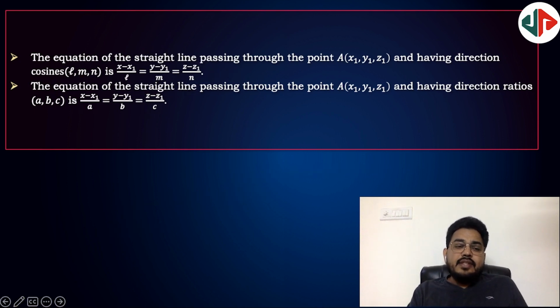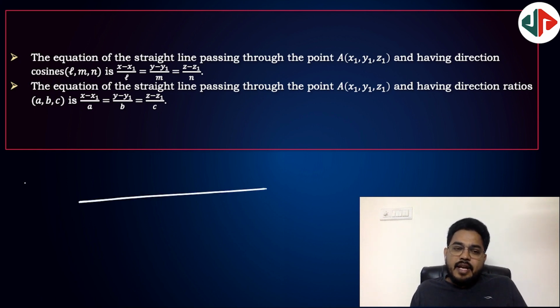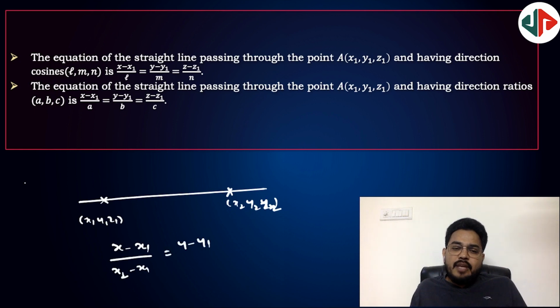And another one is to find the line when DCs or DRs are not given, but I have two points, (x1, y1, z1) and (x2, y2, z2). How to write the two-point form? The two-point form will be simply (x - x1)/(x2 - x1) = (y - y1)/(y2 - y1) = (z - z1)/(z2 - z1).